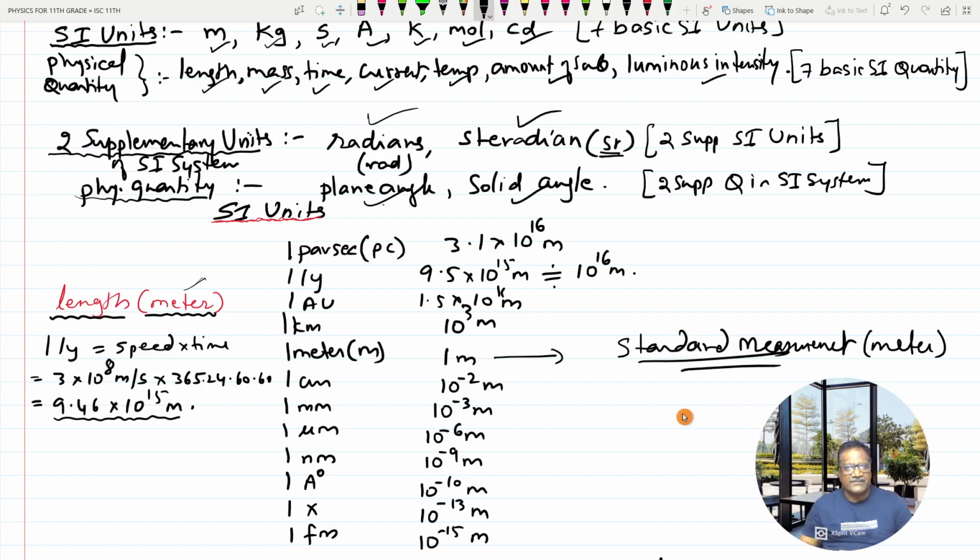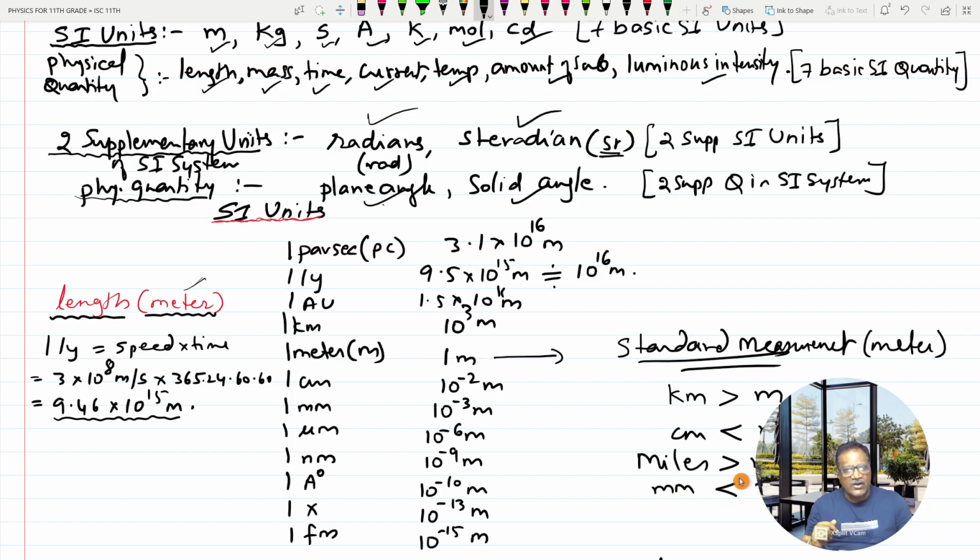I'll give you some examples. Kilometer is a unit which is bigger than meter, right? Centimeter is a unit which is smaller than meter, right? In the same way, miles is again a unit of length, which is greater than the meter, and millimeter is something which is smaller than the meter.